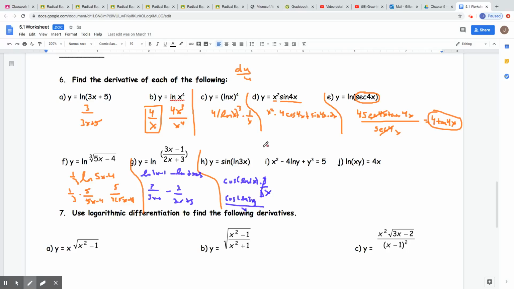All right. And then these two, when I first assigned it, you couldn't do that because it was implicit differentiation. So you didn't really have to worry about it. What you would have to do for those is do this implicitly. And this is where you have to solve for dy over dx and go through. But to be honest with you, it's not going to be on the test.